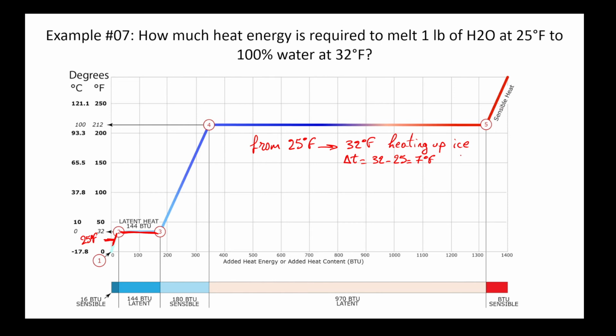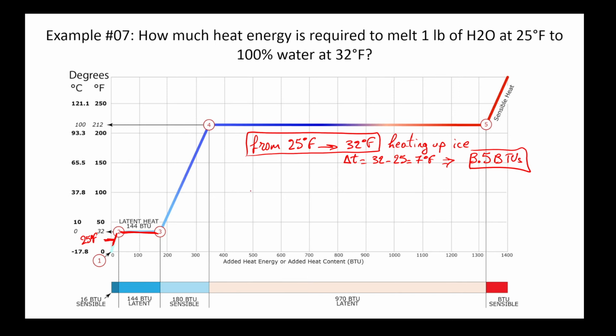We have said before that ice requires half a BTU per pound per degree Fahrenheit change. So for this we need half of 7, that is 3.5 BTUs. That is for the first section, from 25 to 32.